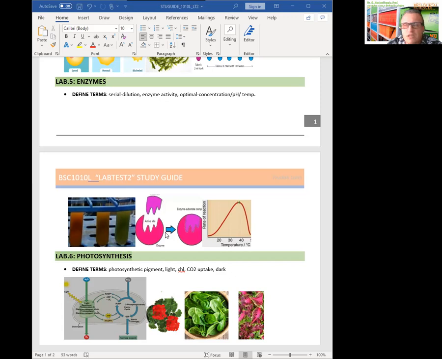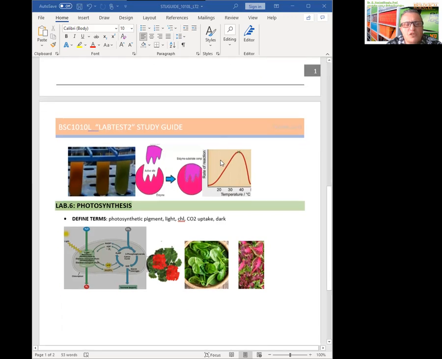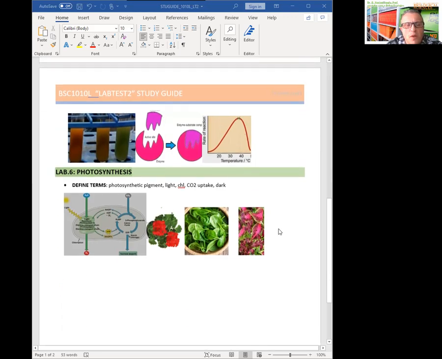Lab number 6 is photosynthesis. Your book calls it energy transformation. Basically, photosynthesis is the most important reaction in the biosphere. It is carried out by plants, some algae, green algae, and a couple of bacteria, which all have one thing in common: they have chloroplasts and chlorophyll, and then they can carry out this reaction.